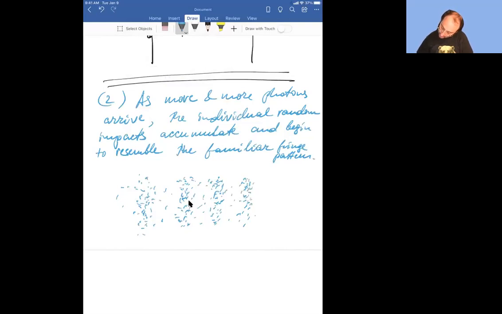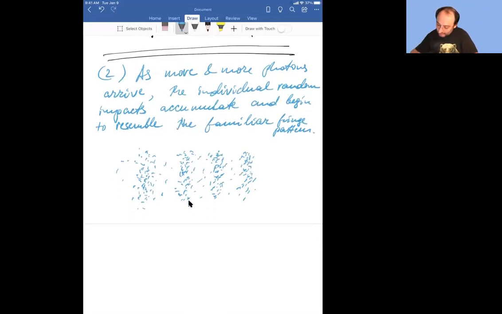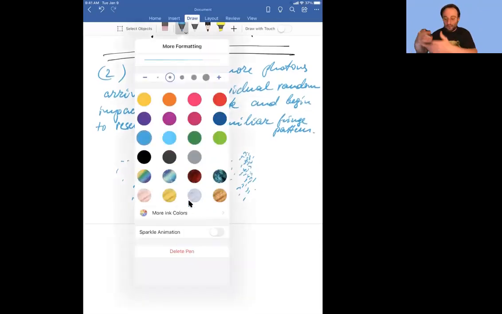While these individual impacts are random, and when a few of them fall we don't see any pattern, when we allow a lot of impacts to happen, when a lot of energy has hit the paper, we do get back the familiar interference pattern. Let me visualize it again like this.